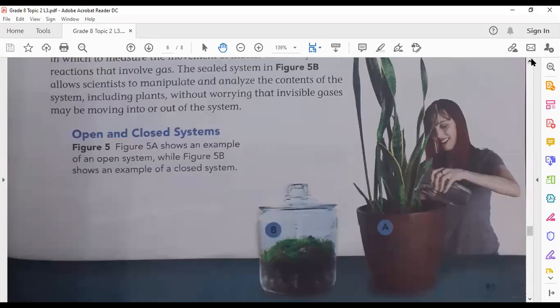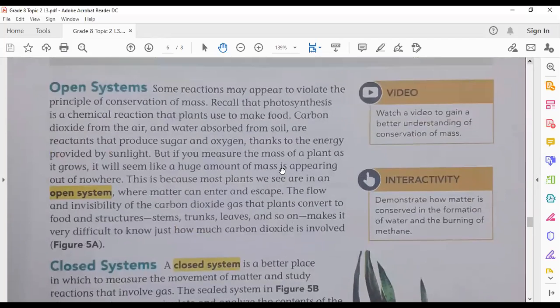In an open system, matter can enter and escape. It's difficult to monitor it. If you want to study the law of conservation of mass, which is easier for you, an open system or a closed system?